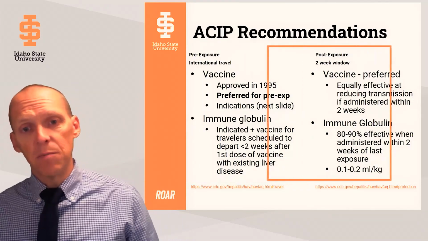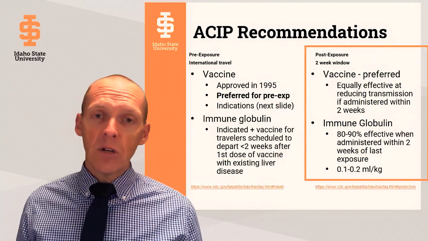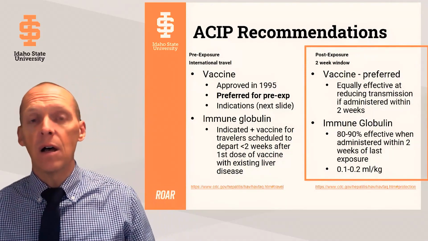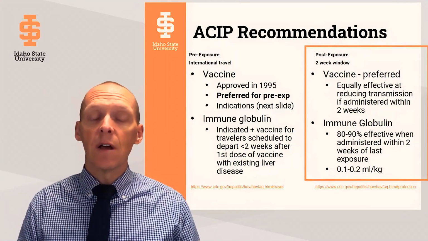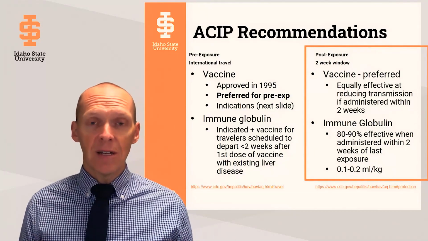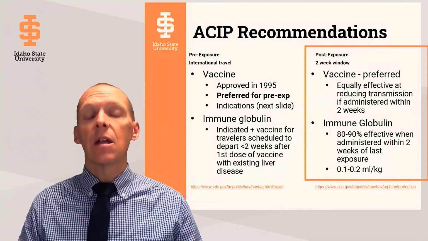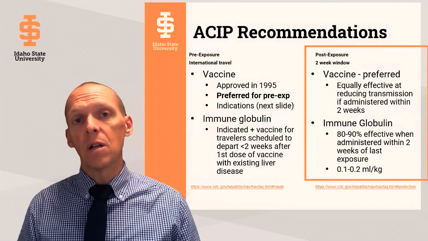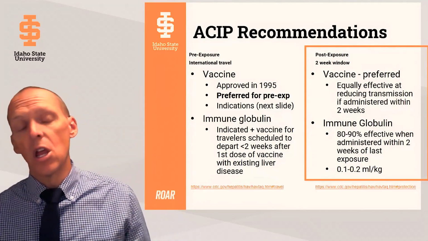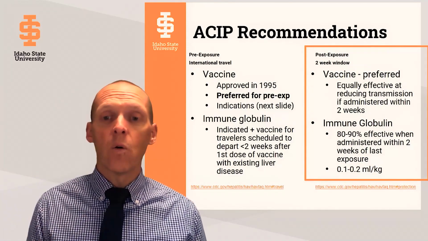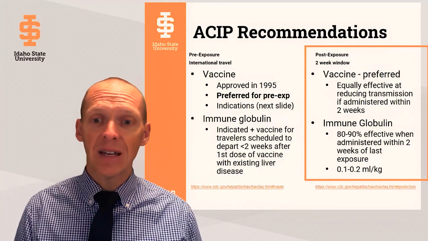Then there's post-exposure. Let's use an example of an outbreak that may happen at a food service location. Patients identified as having hepatitis A, notification goes out to the community. If you have eaten at this location in the past 2 weeks, you may be a candidate for a vaccine if you have not been vaccinated.